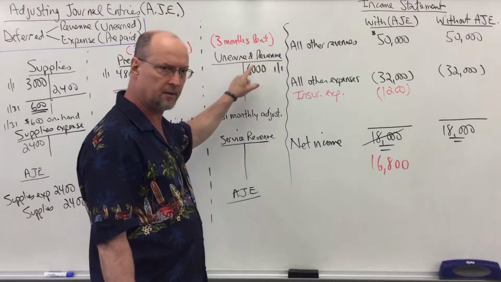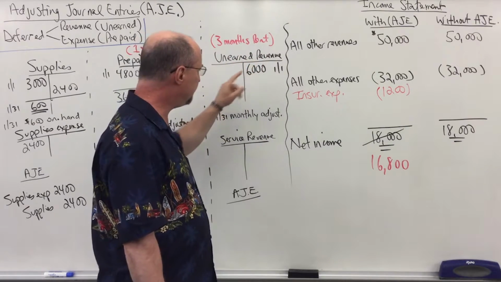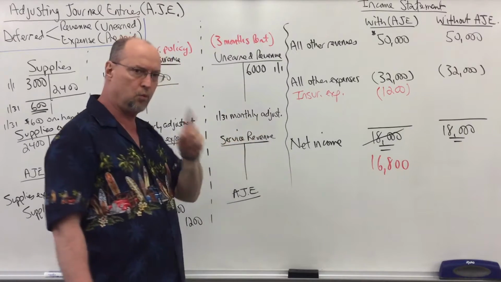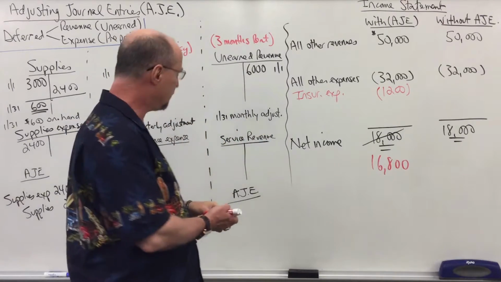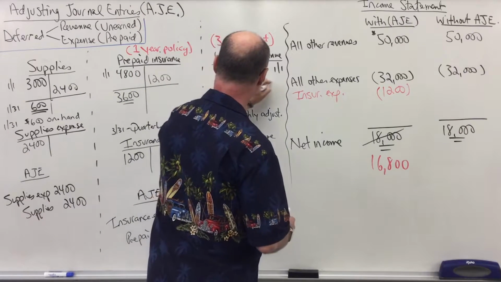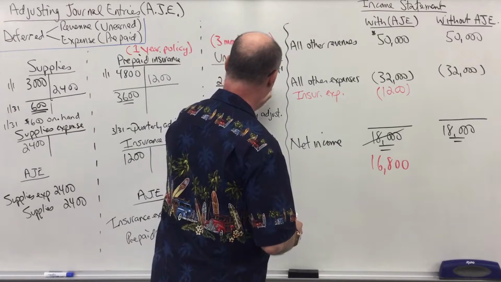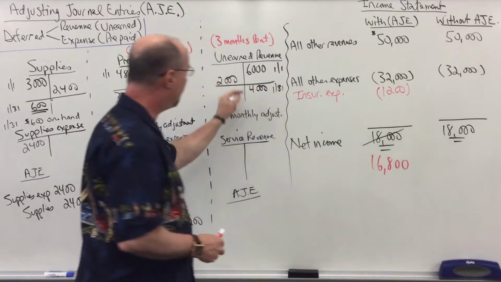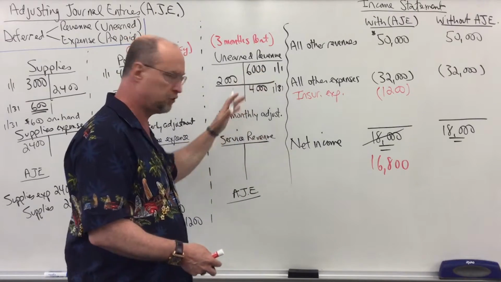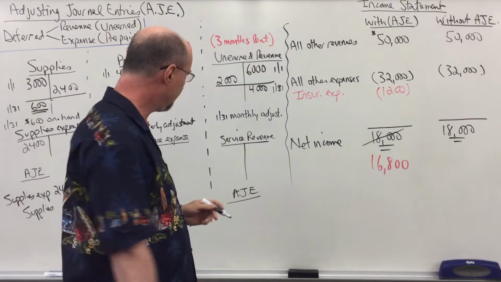This is not revenue. Now, at the end of January, we're going to do a monthly adjustment. I will have earned 1 month's rent. So what I'm going to do is I'm going to reduce the liability by 1 month's rent. And that shows that I still owe $4,000 of either money, or in this case, I have to provide service, which is providing our facility.